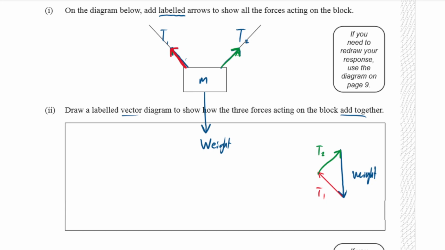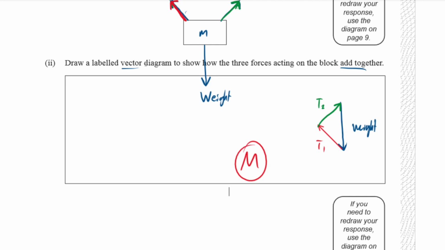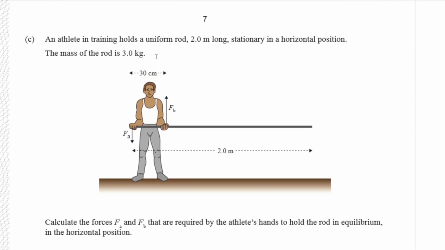And overall, getting both of those correct would be merit. And either or would be achieved. Okay, moving on.